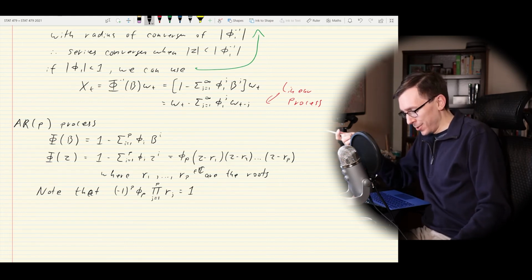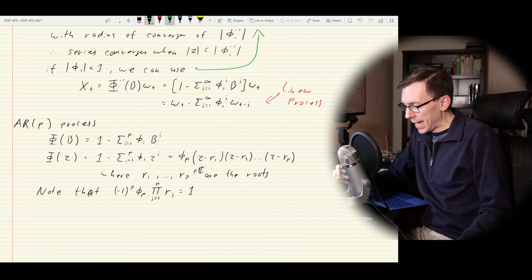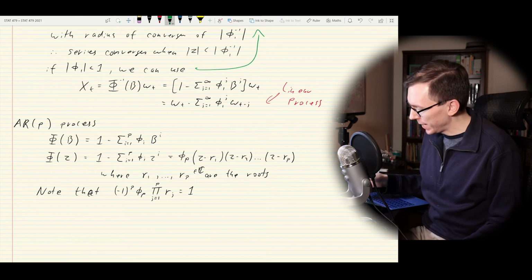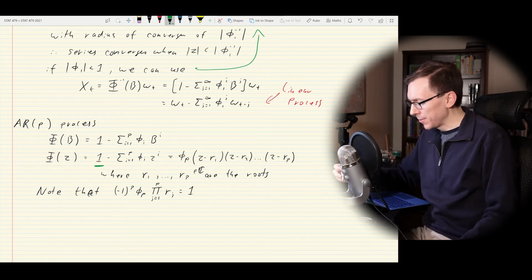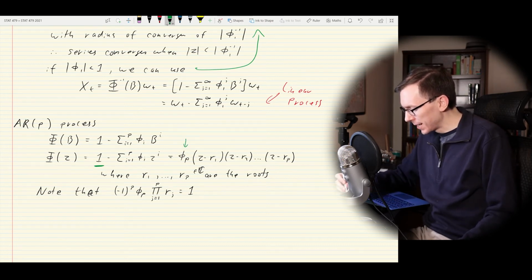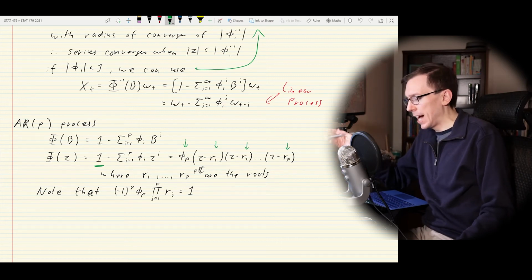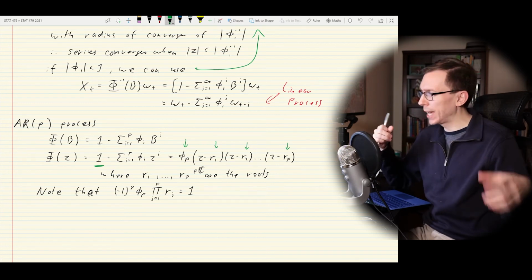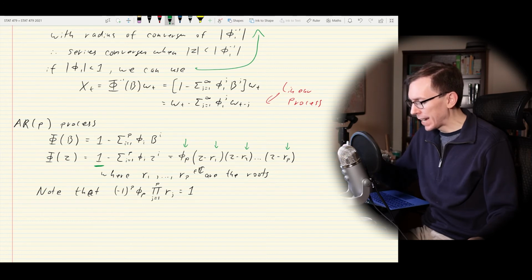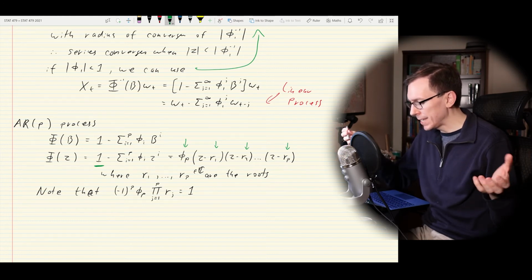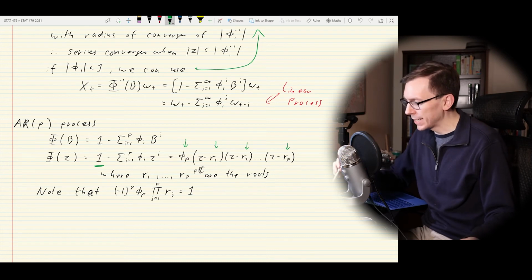So why is that true? Well, if we go back up to this equation for the polynomial here, we know that the constant term, the one that has nothing to do with z, is a 1. So that 1 has to be the product of all of these pieces: all of the roots times phi p, the coefficient that I pulled out of the front, have to multiply together with the minus 1s coming in, because we don't know if p is even or odd, to get 1.